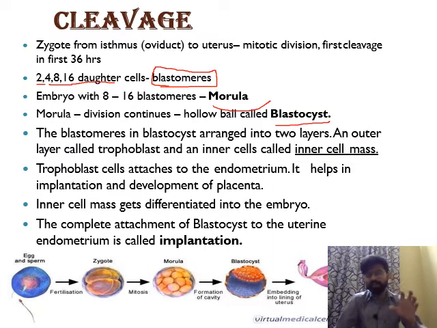The blastomeres, the daughter cells, are arranged in two layers. The outer layer is known as trophoblast, and the inner cell layer is known as inner cell mass.